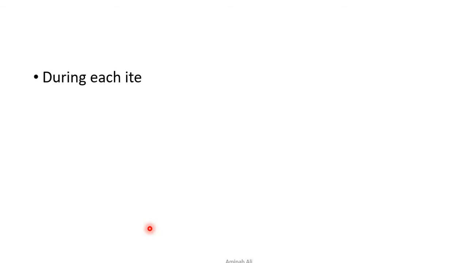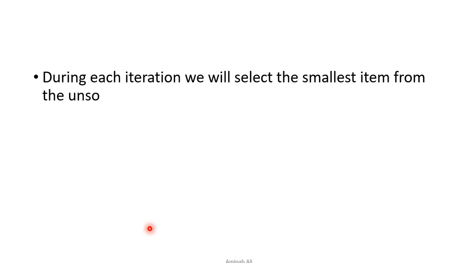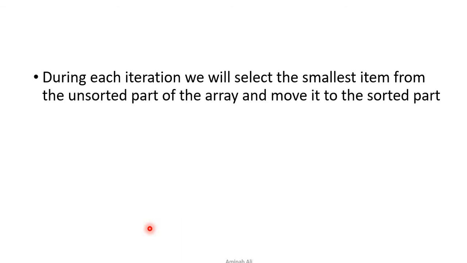During each iteration we will select the smallest item from the unsorted part of the array and move it to the sorted part. Obviously we do iterations whenever we do sorting.